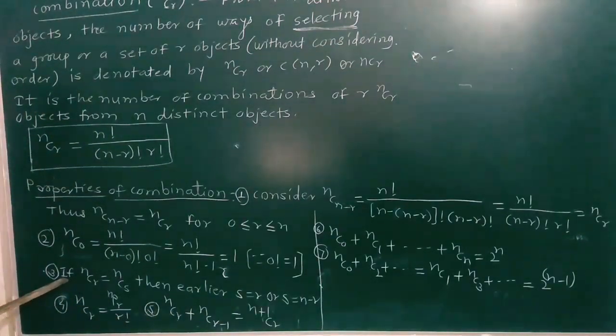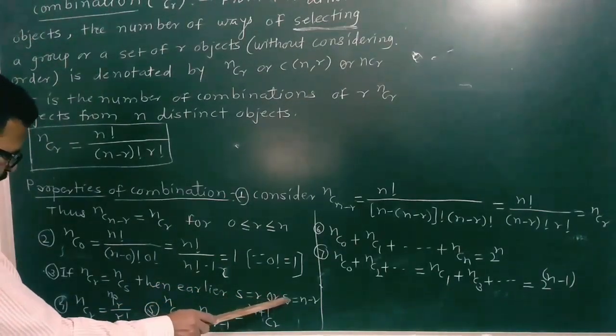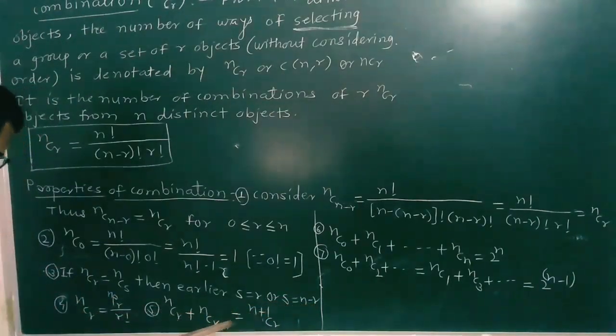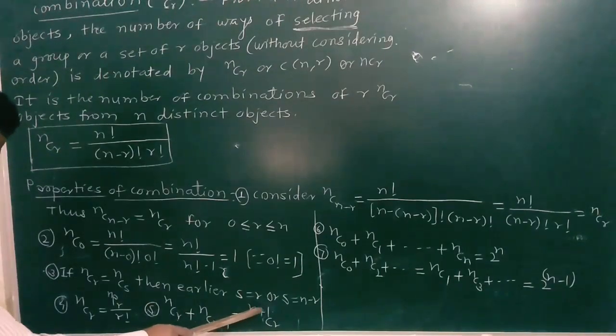Third property of combination: nCr is equal to nCs, then either s is equal to r or s is equal to n minus r. Fourth, nCr is equal to nPr upon r factorial. Fifth property, nCr plus nC(r minus 1) is equal to (n plus 1)Cr.